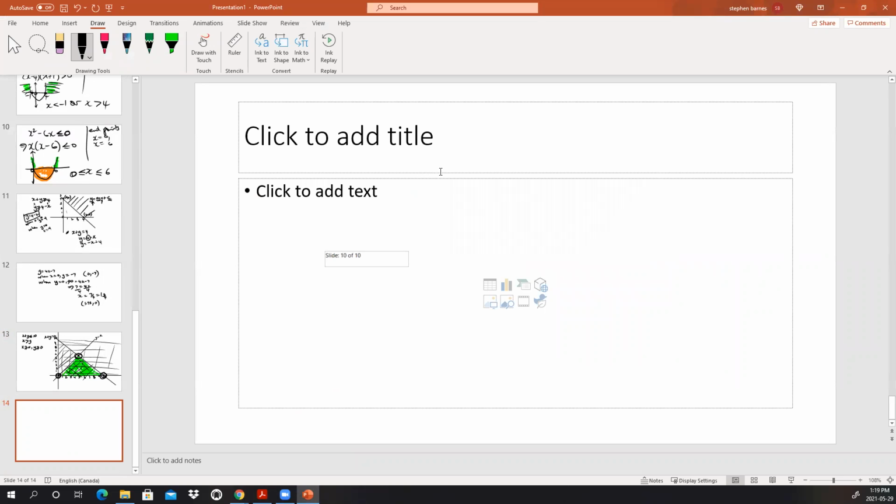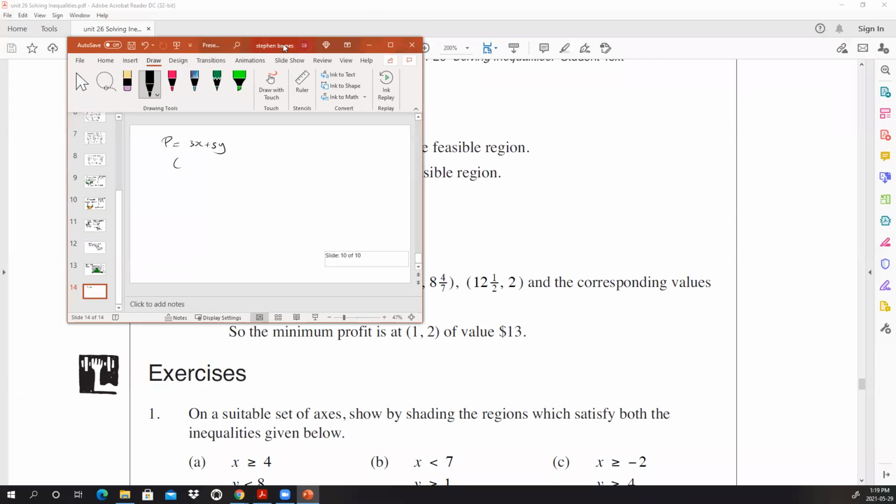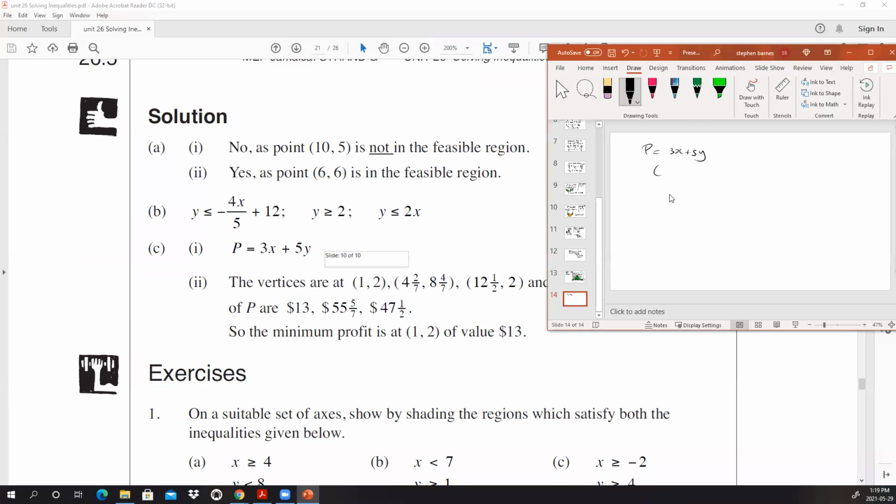The profit function is 3x plus 5y, so you're going to try these values: 1, 2; then the point with 8 and 4 over 7; and the next one, 12 and a half and 2.